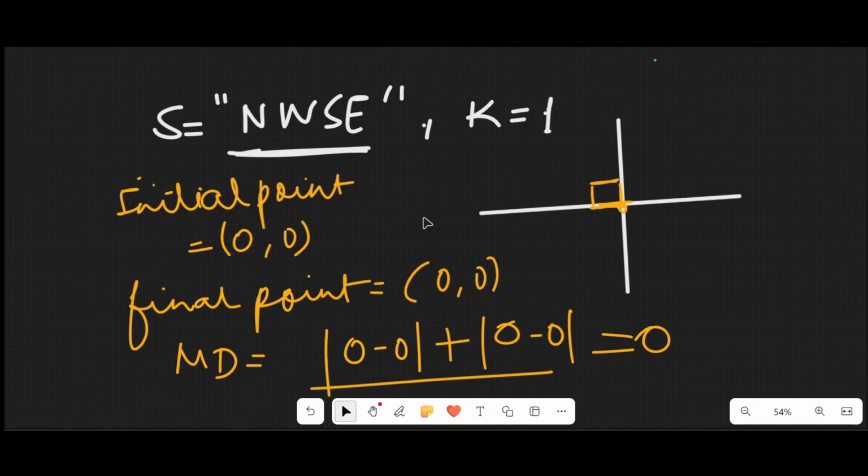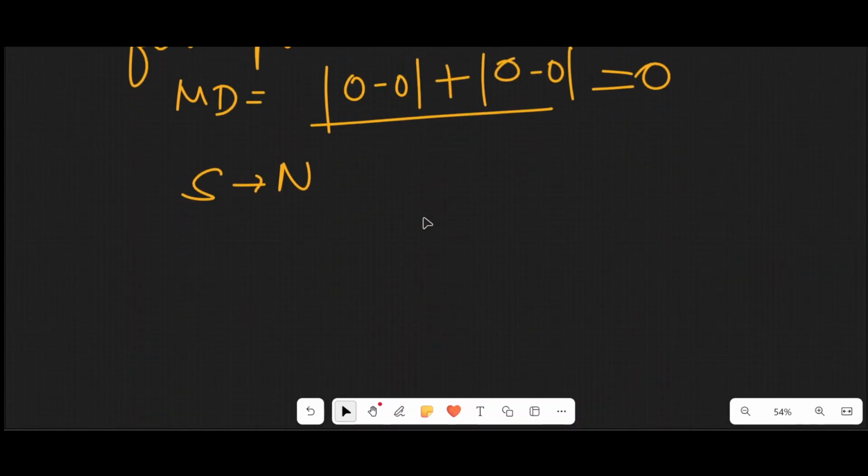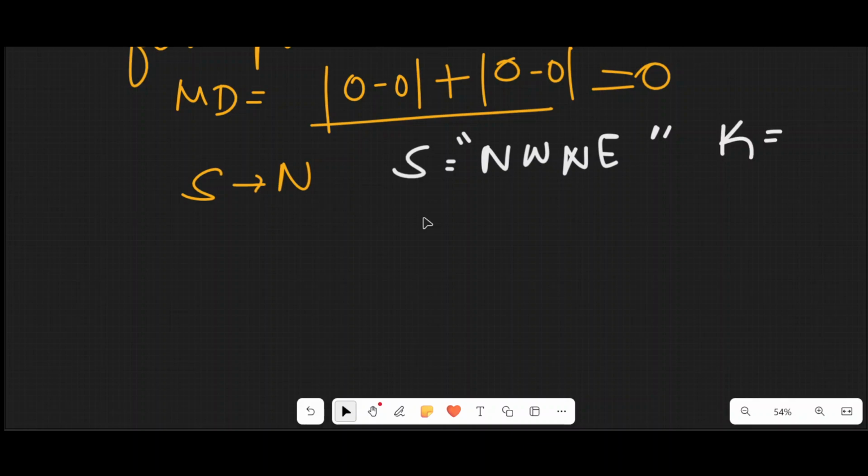So if I try to change my S to N, my new string shall become NWNE, right? This shall become my new string if I am using my k. I'm utilizing my k here. Okay, so let's make my coordinates.